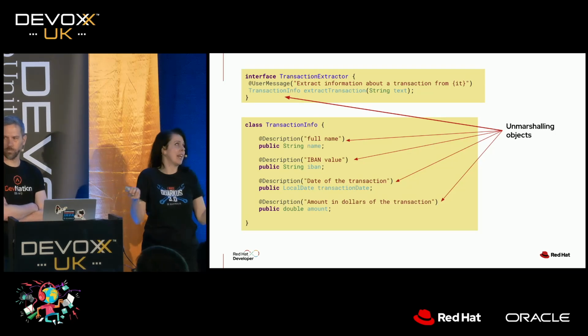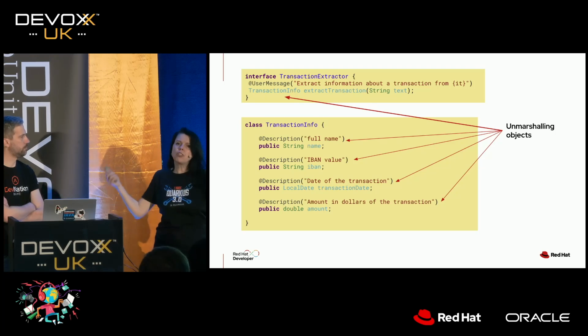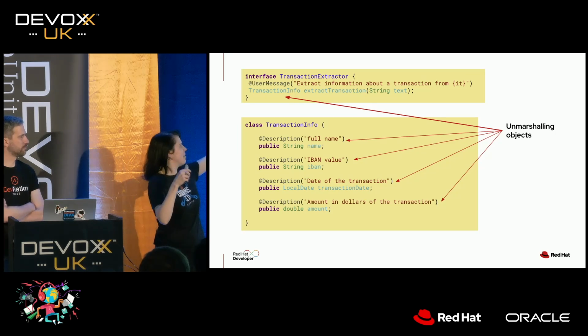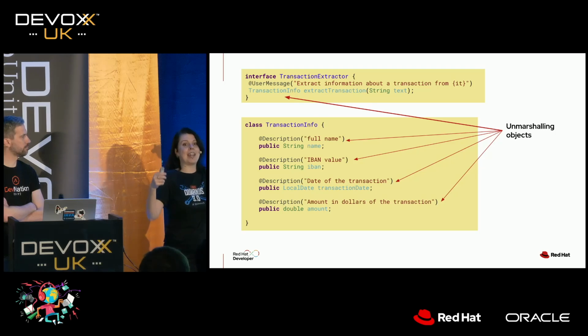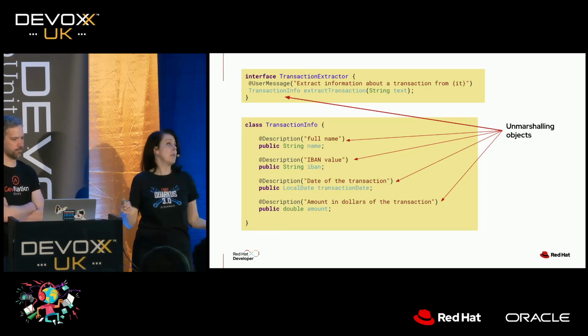It would have to parse the string. Instead, I'm going to pass back an object. So it's a little bit now like Hibernate, except for LLMs instead of databases. I have this domain model, and LangChain4j is prompting the LLM to return stuff in the appropriate format, and then LangChain4j is doing the deserialization for me, so I don't have to worry about all of that.